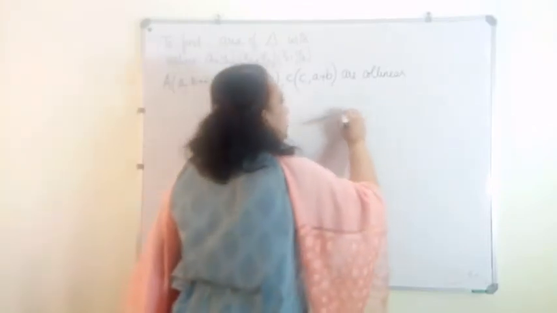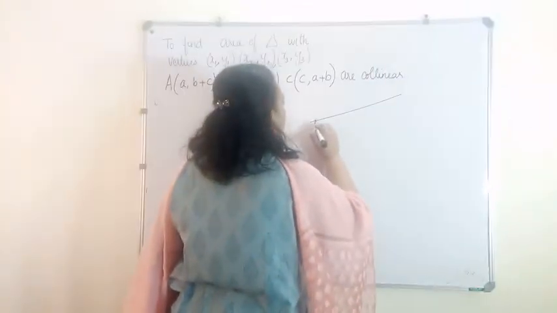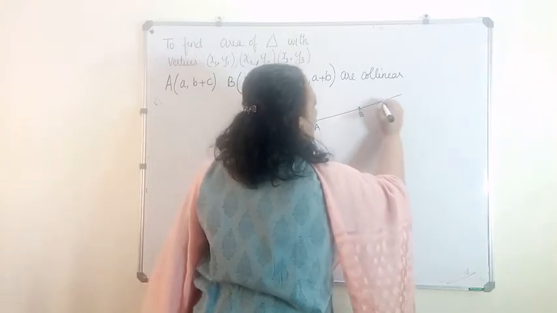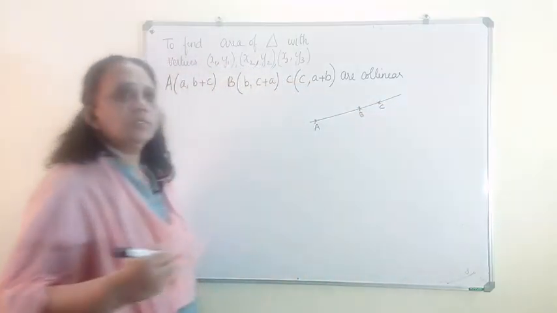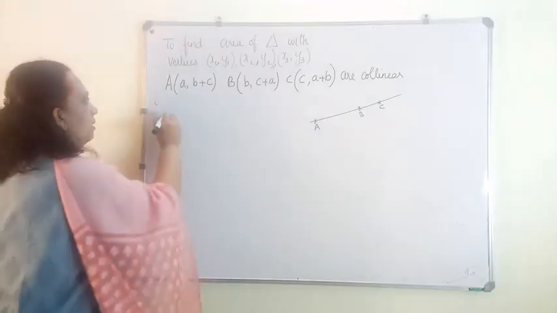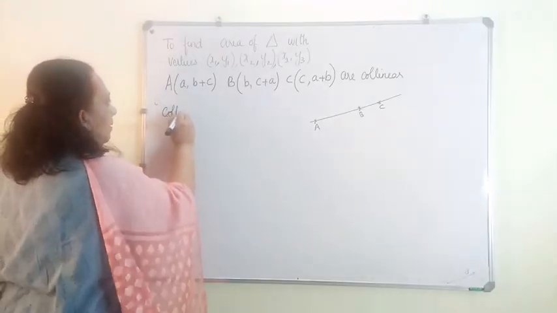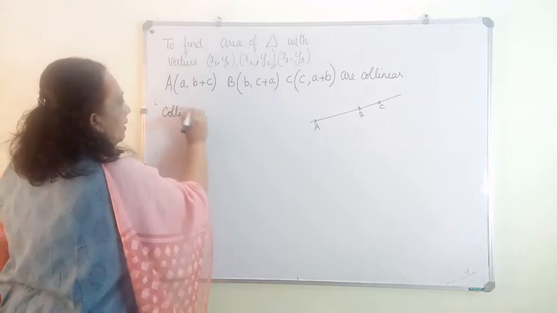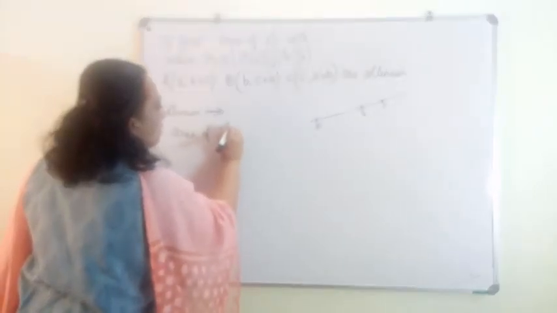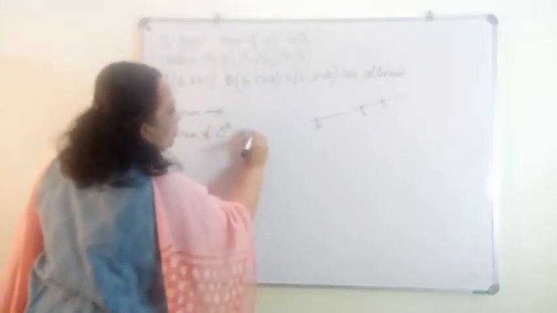That means we have to show that the 3 points A, B, C, they lie on a straight line. If they lie on the straight line, collinear, what does it imply? It implies area of triangle is 0.